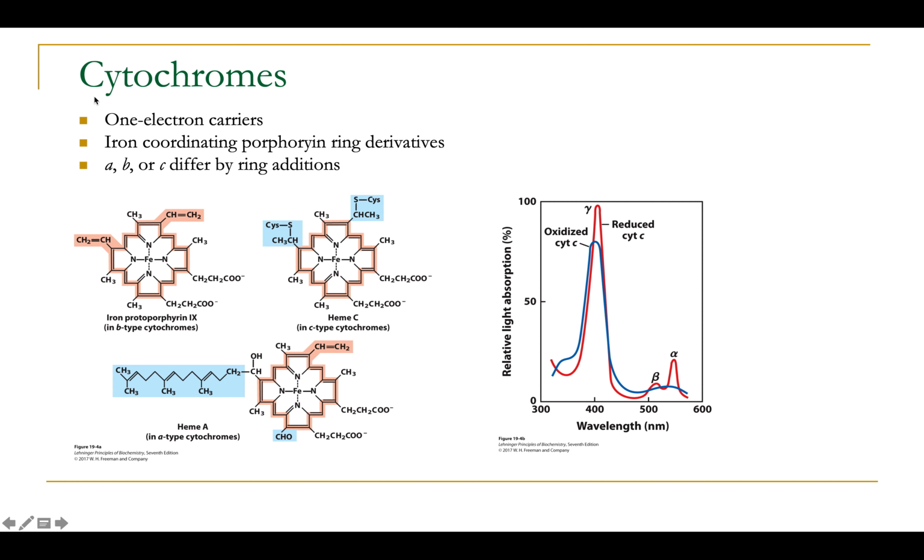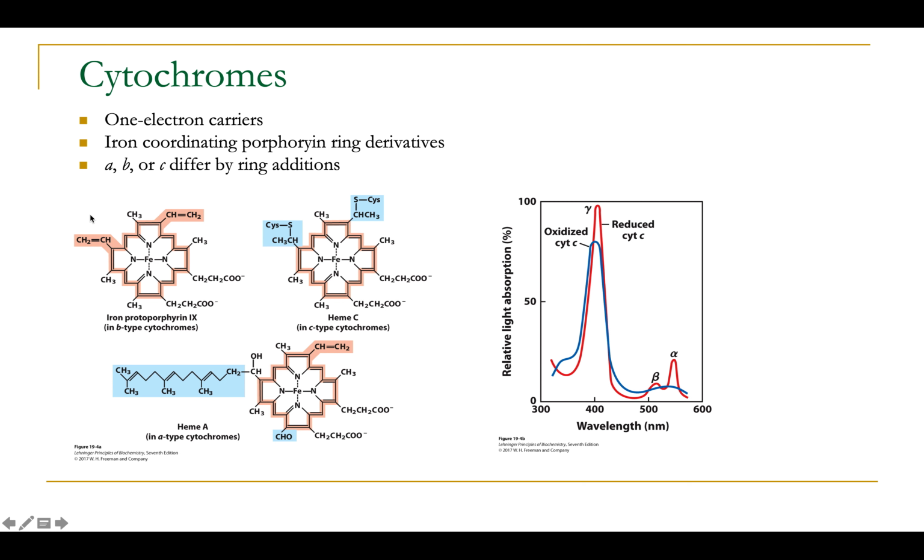The second class of electron carriers are cytochromes. Similar to flavoproteins, cytochromes are complexes between the electron carrying group and the carrier proteins.